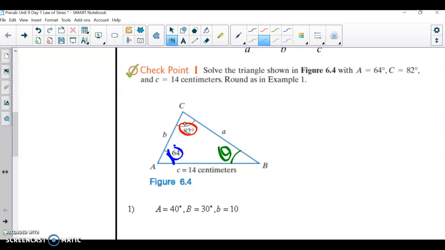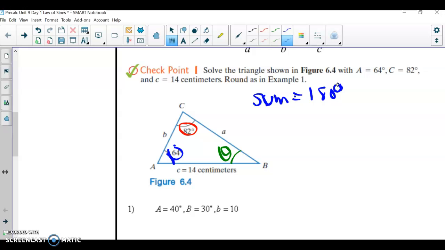So if I want to end up finding the missing measurements, first thing, we could right away find angle B, because we know that in any type of triangle, the sum of the angles is equal to 180 degrees, okay? Sum of angles equals 180 degrees, okay?